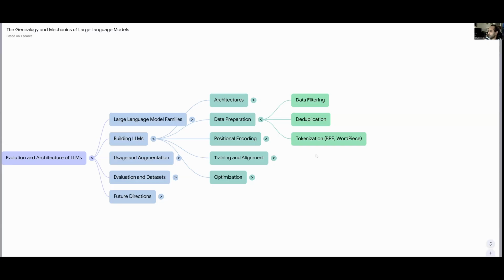Also, tokenization is processed, which is about breaking text into smaller units that we call tokens. Among the algorithms to tokenize sentences, we have what we call BPE, for byte pair encoding. We have WordPiece, and we have other ones that I don't necessarily mention here.